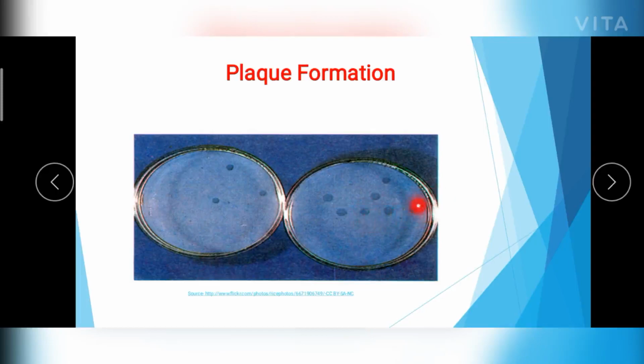So these zones represent the viable lytic phages. By means of this plaque formation, you are able to screen the transformed cells. Due to these reasons, the lytic phages are more preferred in gene cloning experiments.